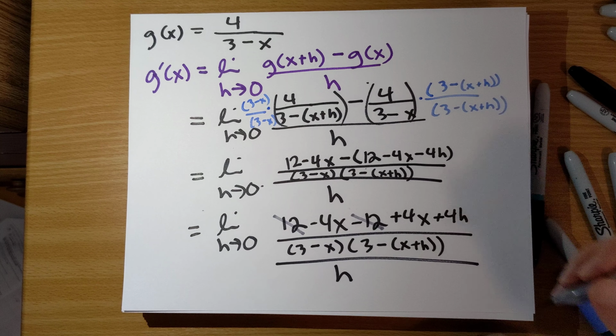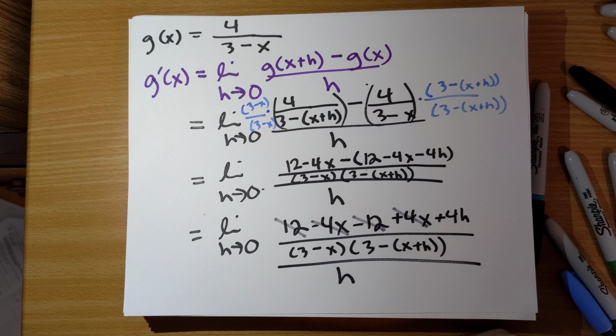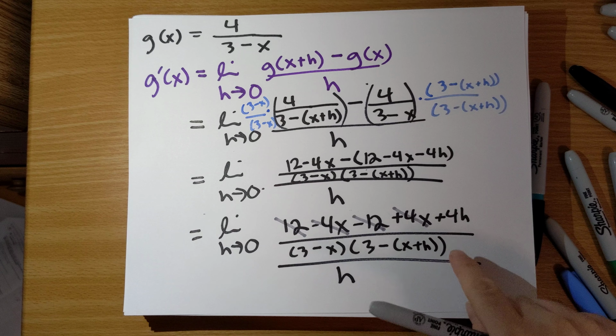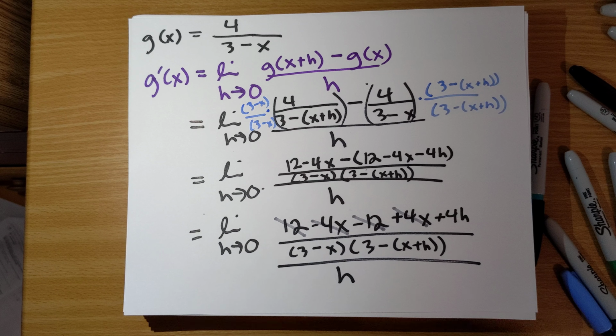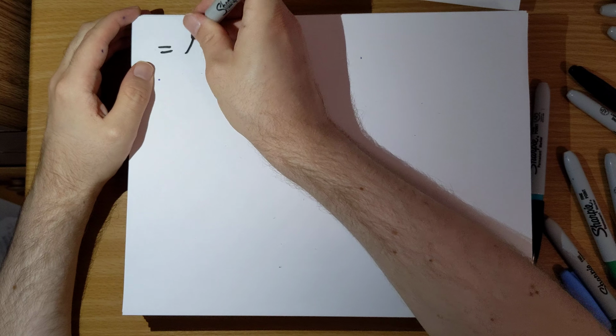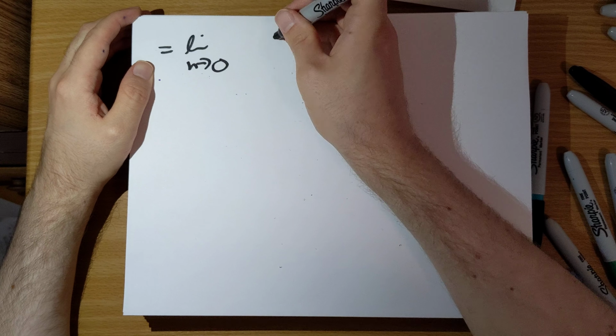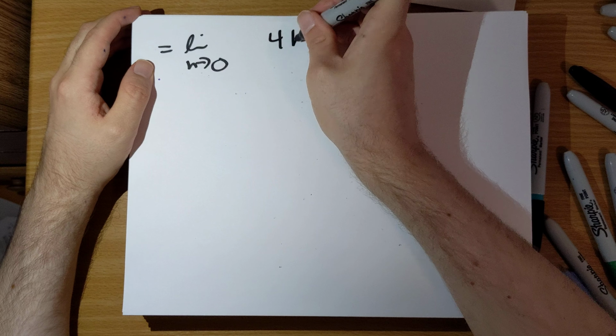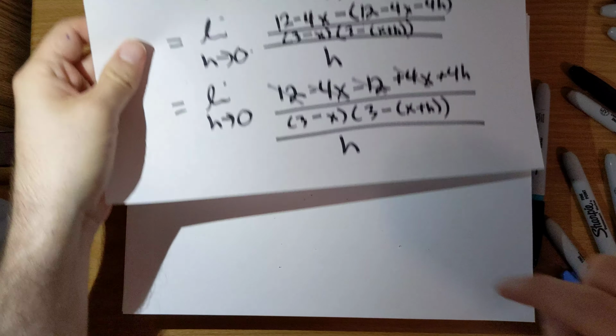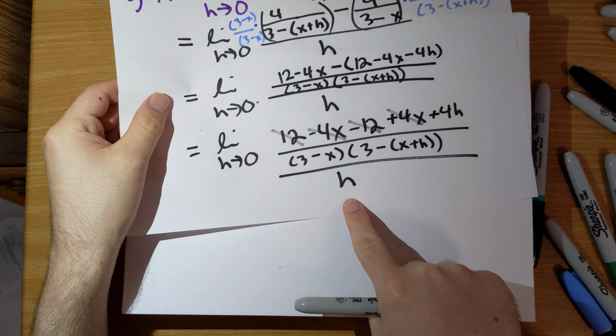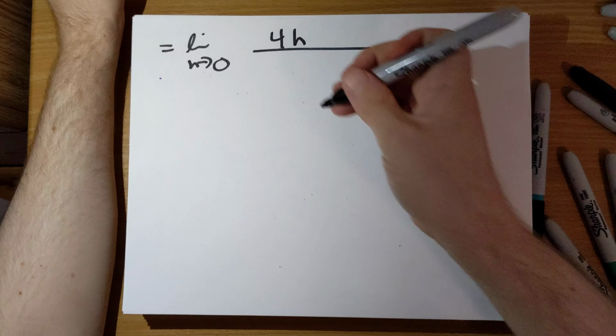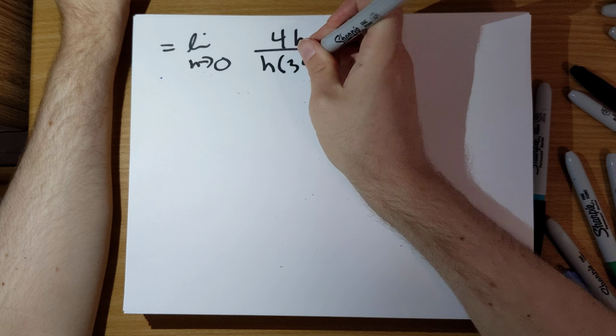Those 12s cancel. Those plus and minus 4x cancel. And so then we're just left with a 4h upstairs. Let me just recopy this. 4h over, I'm going to move the denominator of the numerator and the overall denominator to the same line. We can do that.